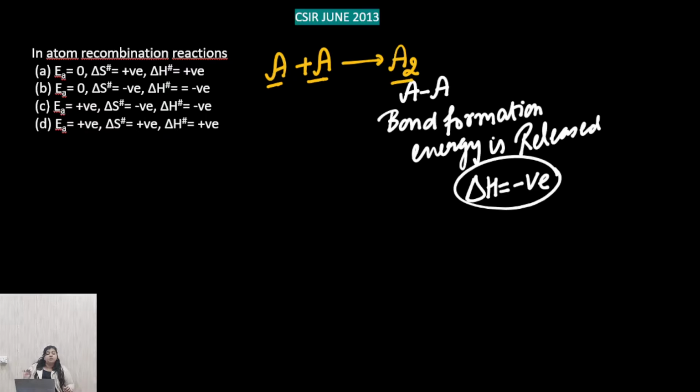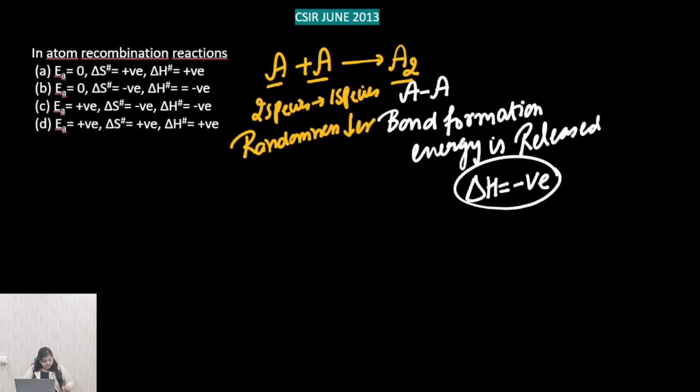So the degree of freedom or the randomness has decreased, which means the entropy of the system, which is a measure of the extent of the randomness, has decreased. So the entropy of the system is going to be negative.